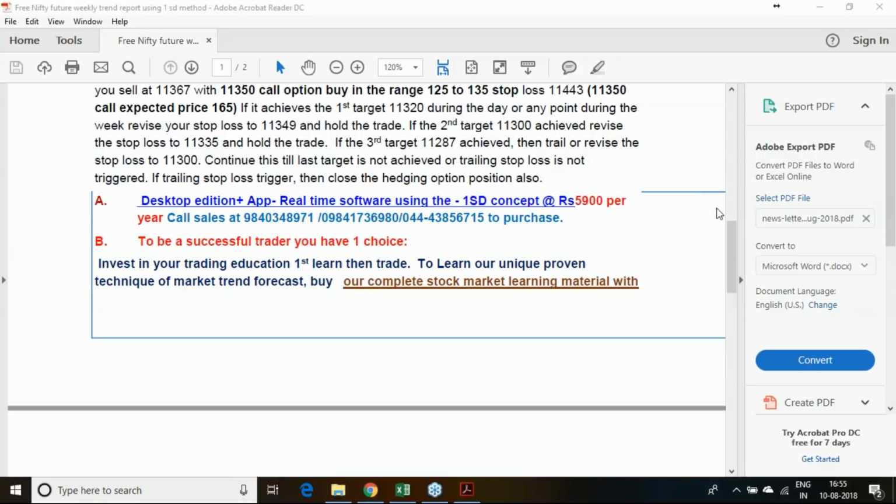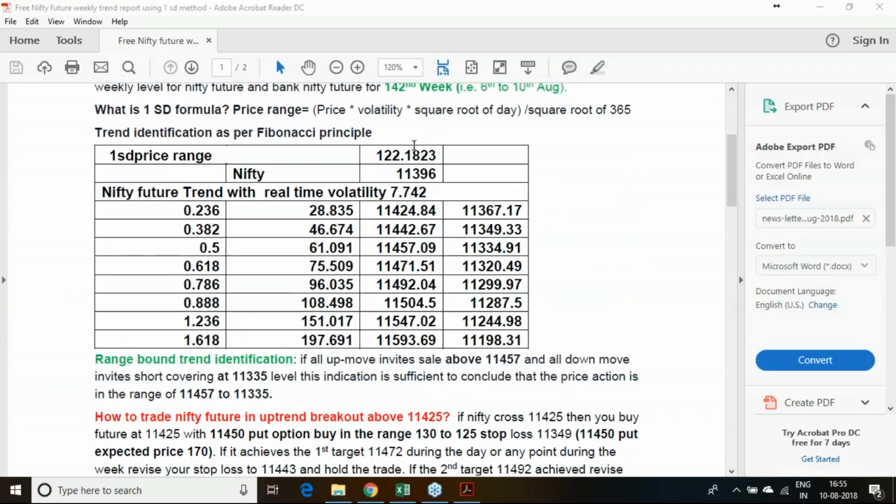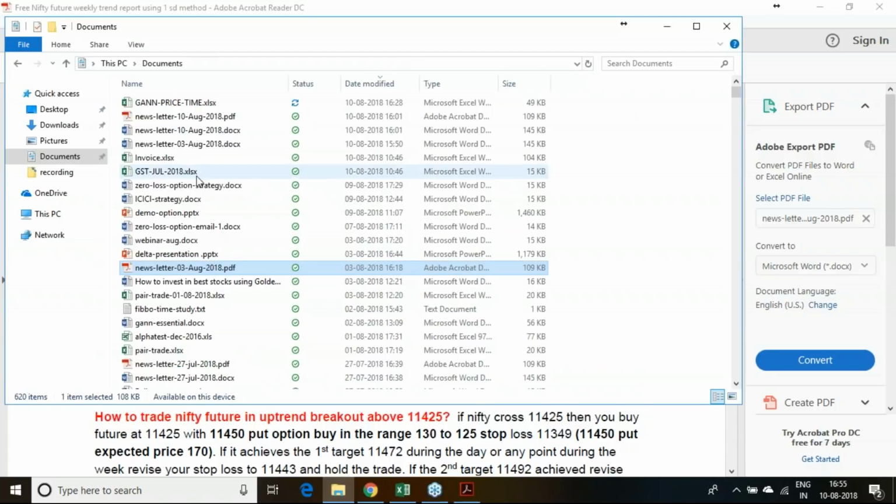If you have a strong conviction that the market moves as per a definite principle, and here the principle is volatility, the real-time volatility which our software calculates. It is not the volatility given by the NSE. It is not the volatility you calculate through a historic process. This is the real-time volatility we calculate with our software.